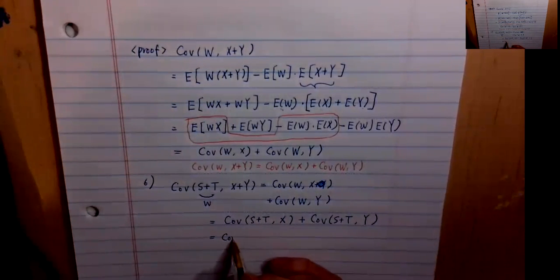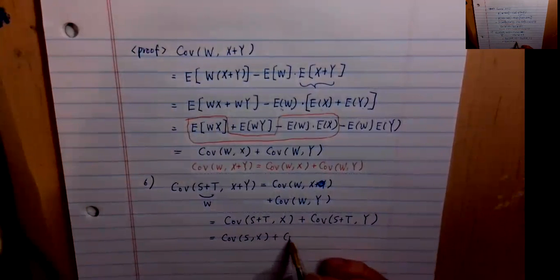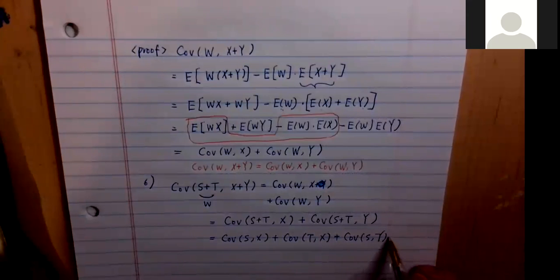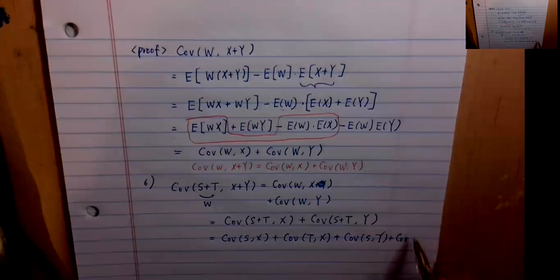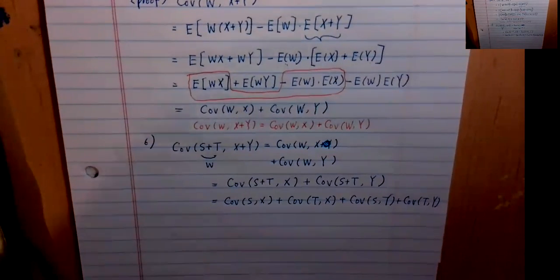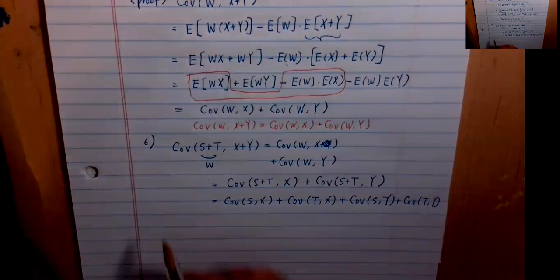This is just covariance SX plus covariance TX plus covariance SY plus covariance TY.